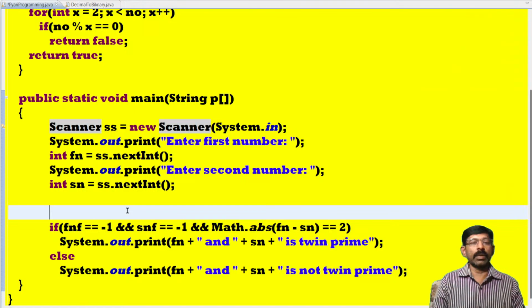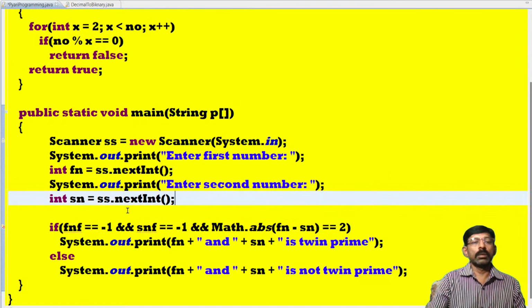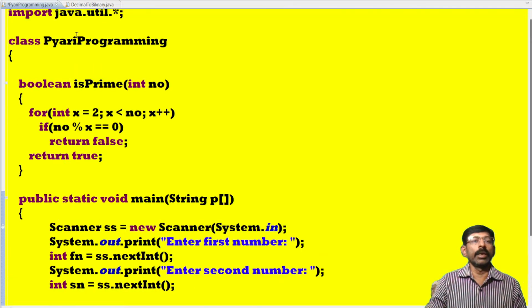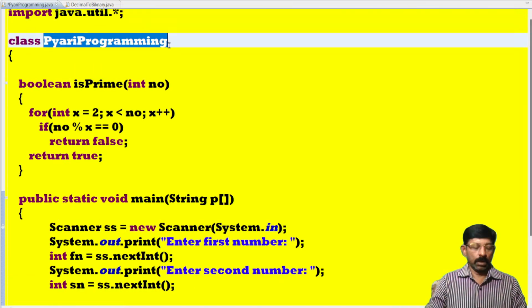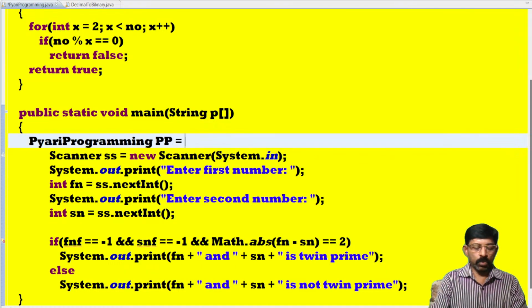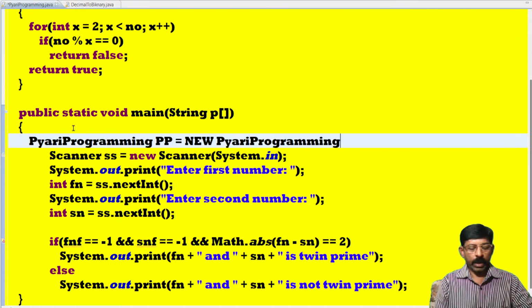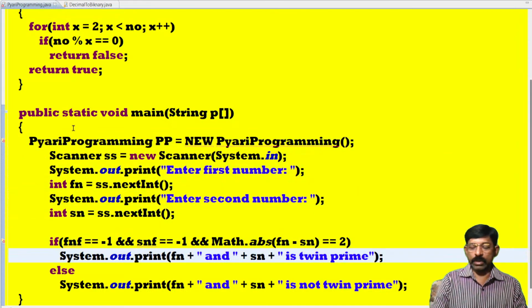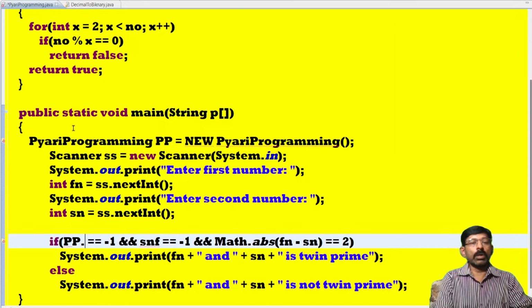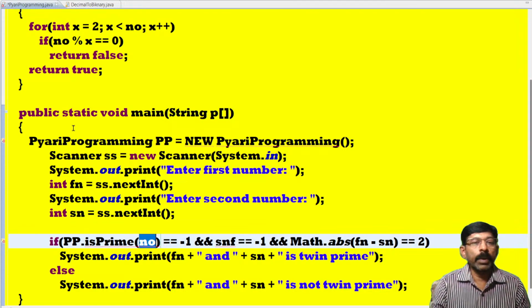Here inside this, if I want to call this one, I need to create an object of this class. It is Pair Programming. PP is equals to new Pair Programming. Then inside this I will say PP dot isPrime.